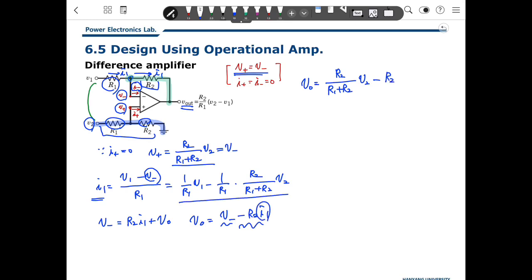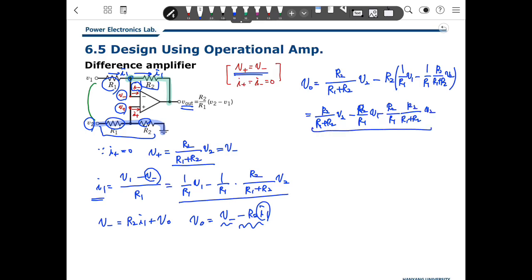I1 is here: V1 minus R2 over R1 plus R2 V2, over R1. So we can simplify this here.